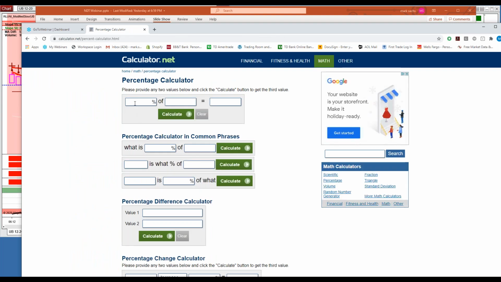This will work. Please provide any of the two values. Okay, so it's 2,000. I didn't want to waste the time on this because I thought it would be easy. But 2,000 is what percentage of 2 million?